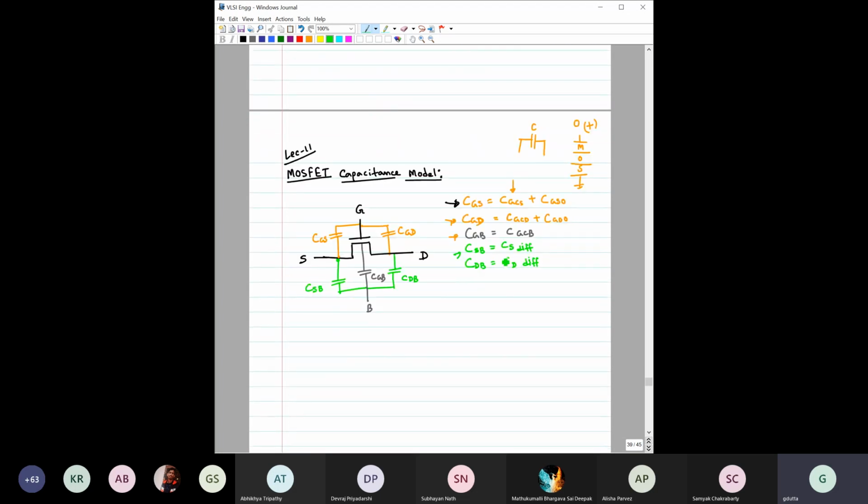Similarly, from source to body, the capacitance would also be due to this diffusion. So it is pretty clear what the total capacitance would be. Any doubt here?